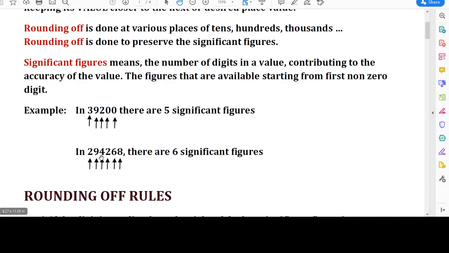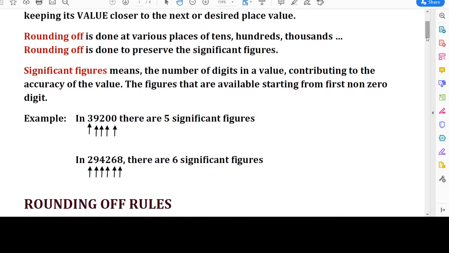Here in this number 29484268, that is 2,94,84,268, we have 1, 2, 3, 4, 5, 6, 7, 8 significant figures. Are you understanding the meaning of significant figures? Okay. Now we shall know some rounding off rules.